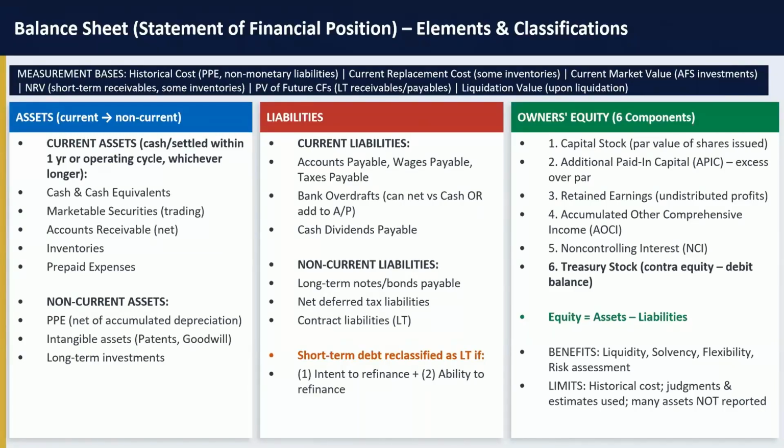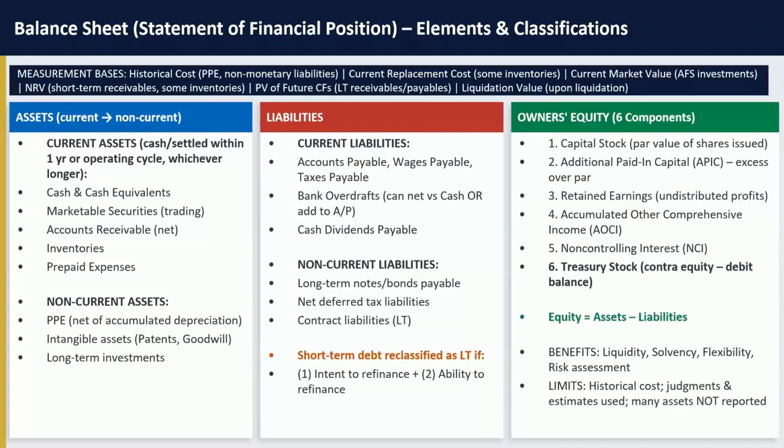Now, capital stock, as we know, only the legal value or the par value of your equity shares will be there in capital stock. APIC: any value above your legal capital that you collected will flow into APIC. Later, retained earnings. As we know, retained earnings is the link between our income statement and balance sheet. Net income, whatever was unused, will flow into retained earnings.